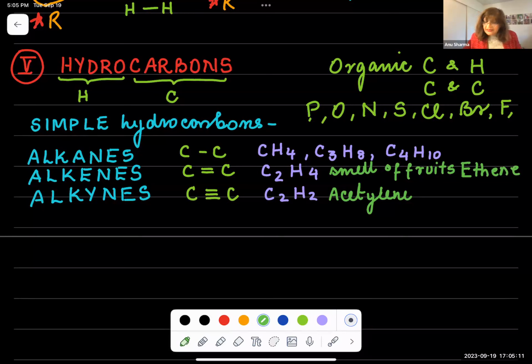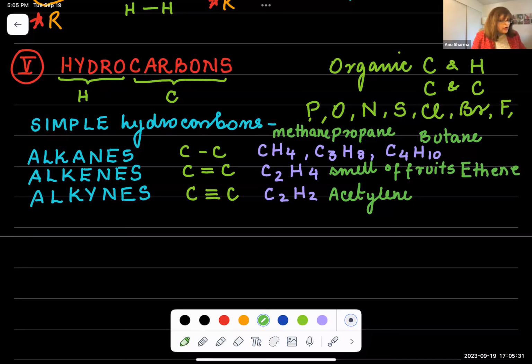This one, you know it, is butane. And this is propane. And this one is methane. So these are the very basic hydrocarbons.